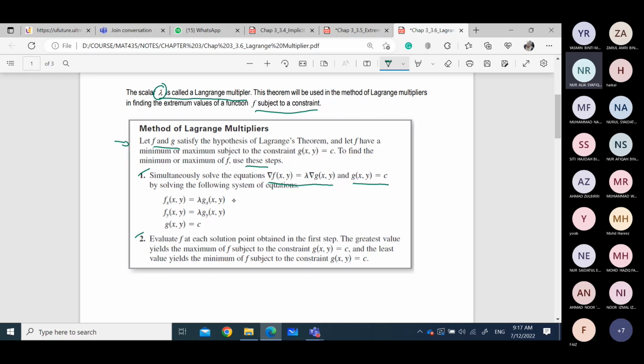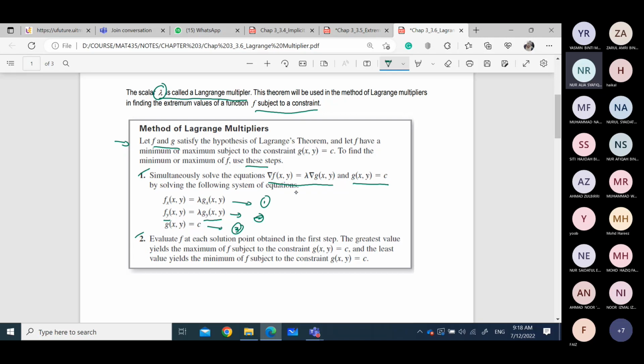The first equation is about the first order derivative with respect to x on f and g. The second equation is about the first order partial derivative with respect to y on f equal to lambda, the Lagrange multiplier, multiplied by the first order derivative with respect to y on g. So this is our second equation. And the third equation is the constraint, an object other than the surface.